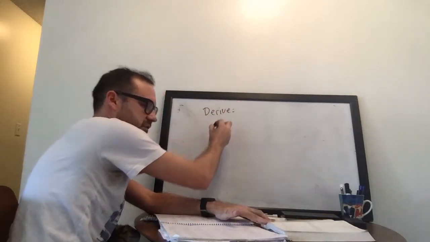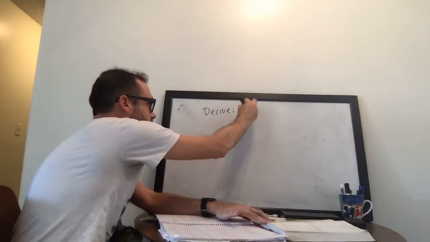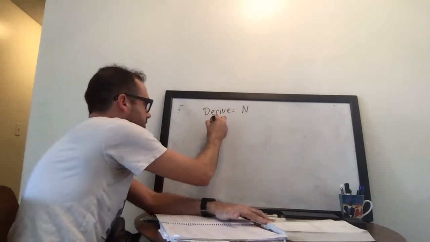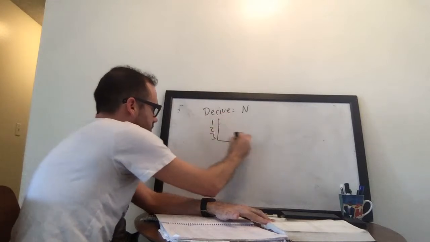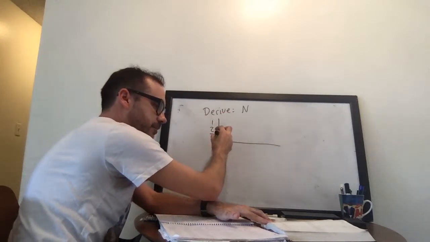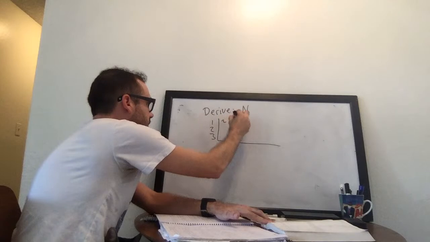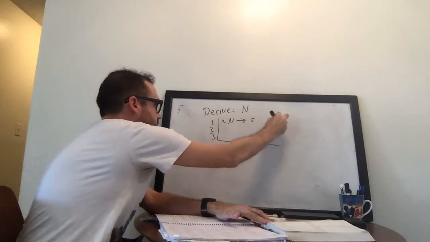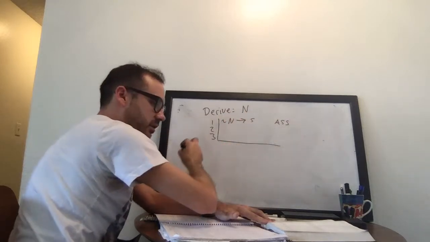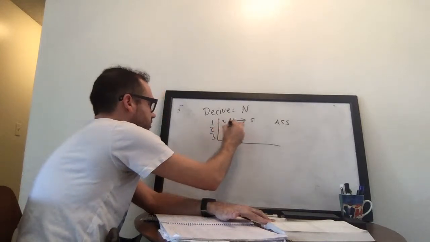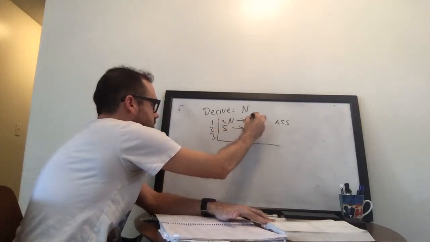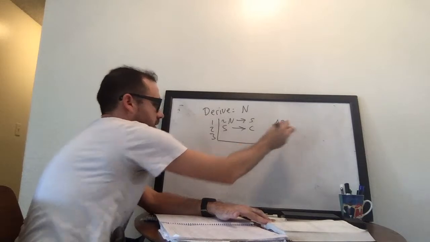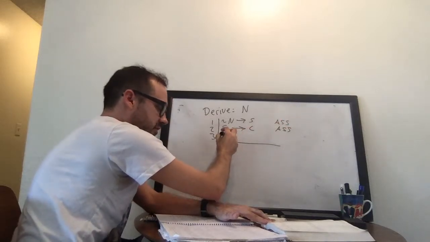It says just derive N. And it provides us these three assumptions. Okay, so the first one is that if not N, then S. The second one is if S, then C. And the third one is if C, then N.